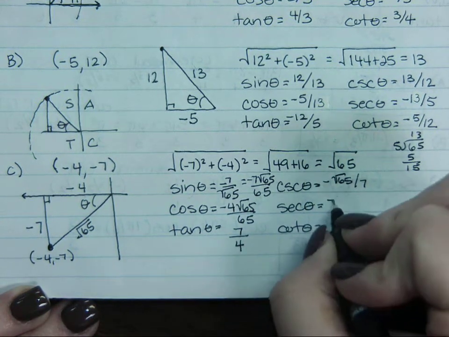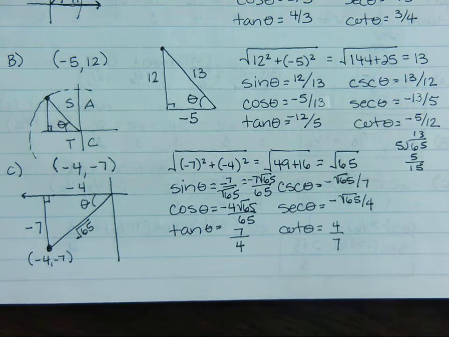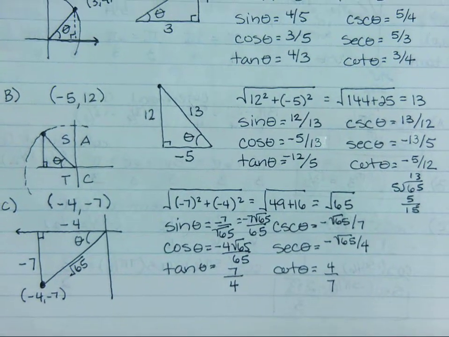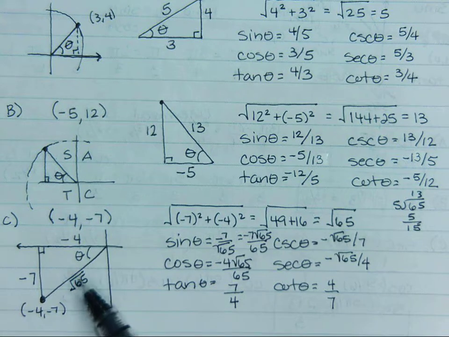Same thing for the other one, negative root 65 over 4. So take your time, really think about what quadrant your coordinate terminates in. You must draw this representative triangle, labeling theta and the sides that are known to you, and use the Pythagorean theorem and label the hypotenuse before finding your 6 trig functions.